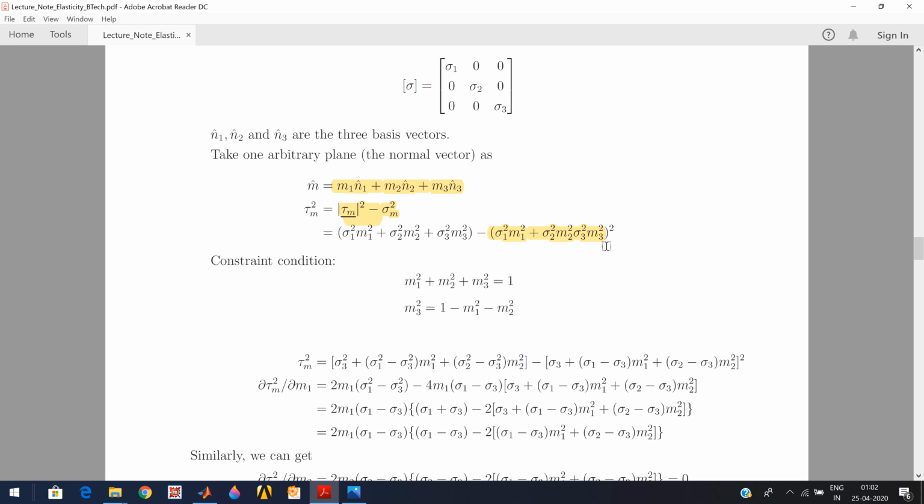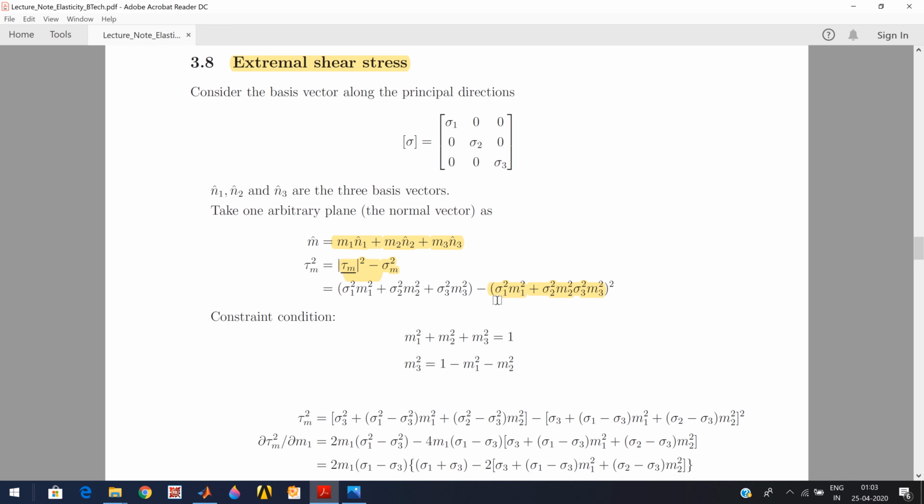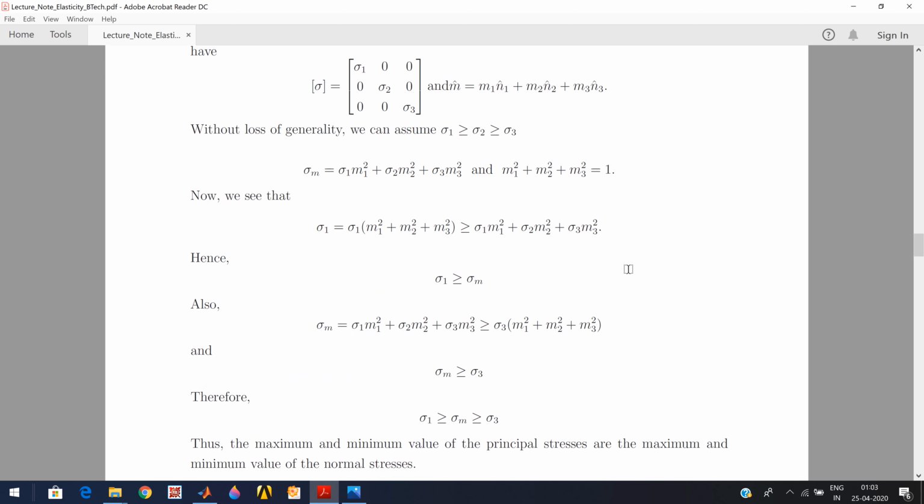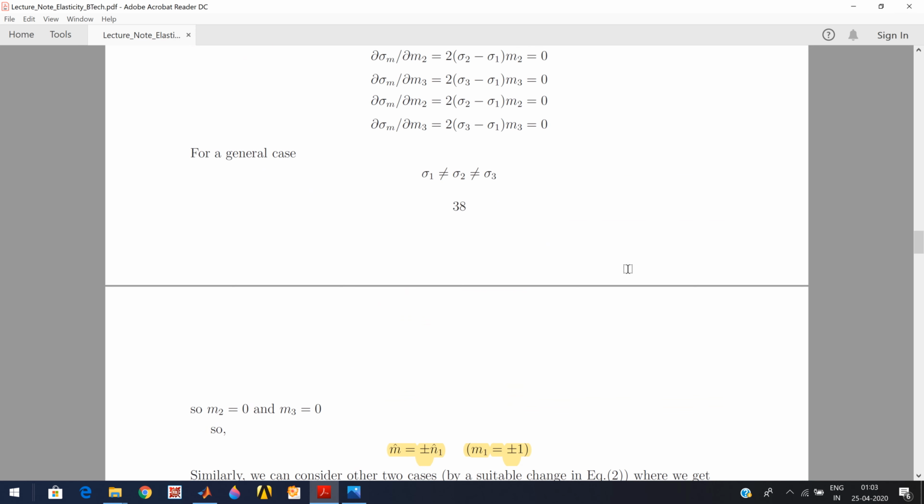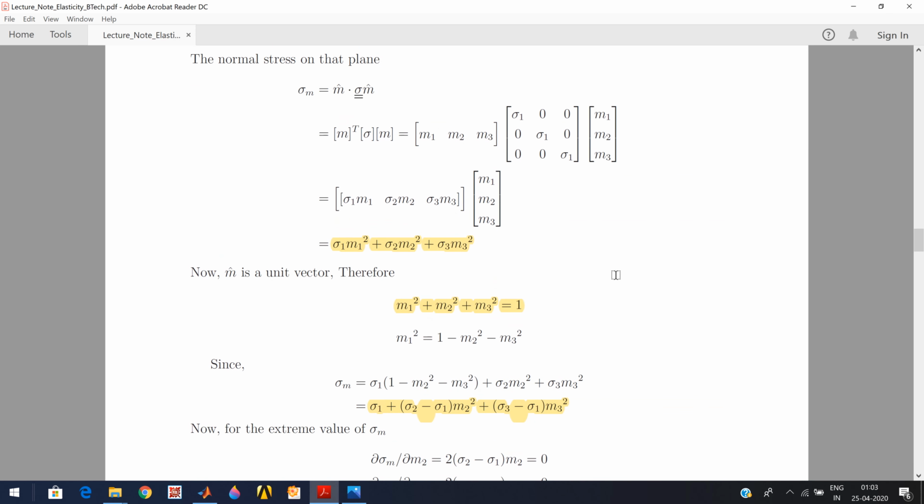So sigma m square, you can see what we got in this case, and that's what you have to put here. It is sigma 1 m1 square plus sigma 2 m2 square plus sigma 3 m3 square. So that's what it will go.